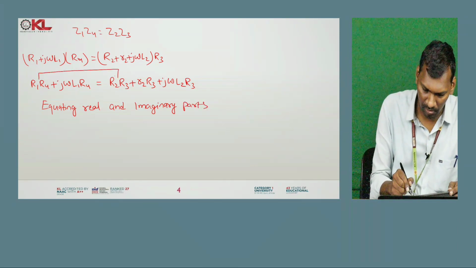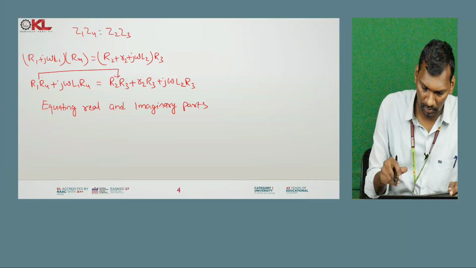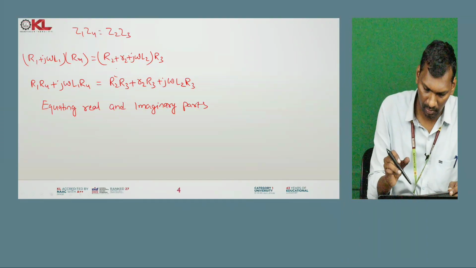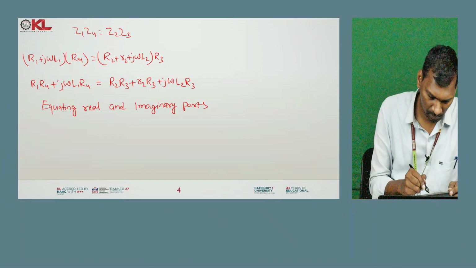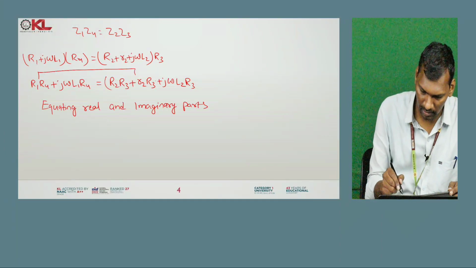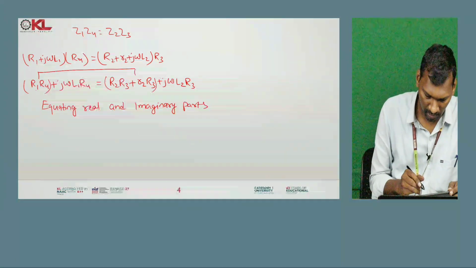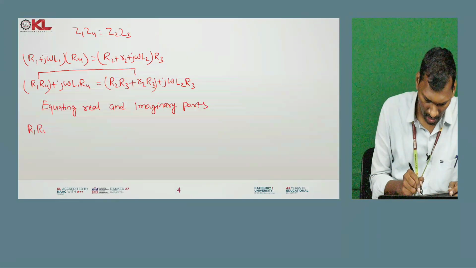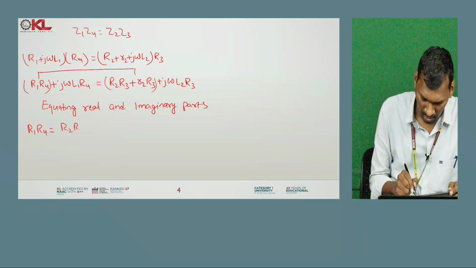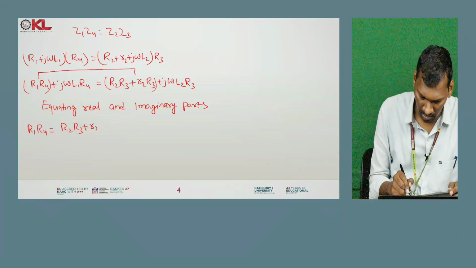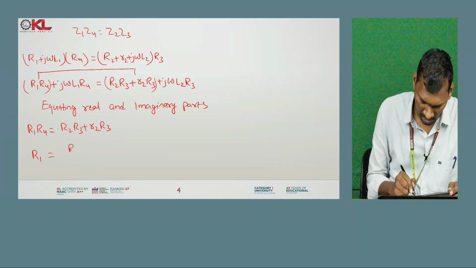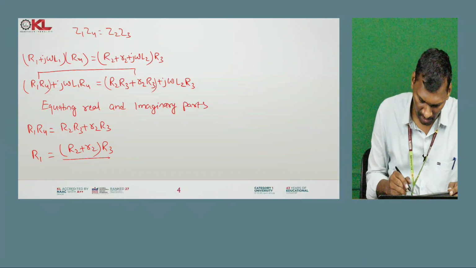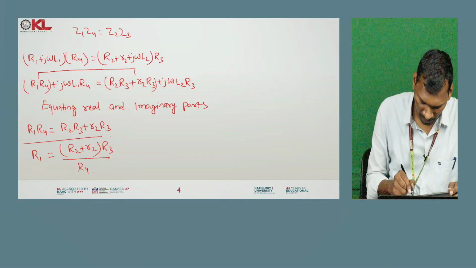So first equate these two things. This is the real part, and here it is the real part. So real parts: R1 R4 is equal to R2 R3 plus small r2 R3. So the unknown resistance R1 is calculated by R2 plus small r2 into R3 divided by R4.